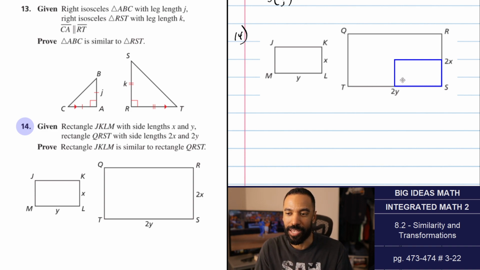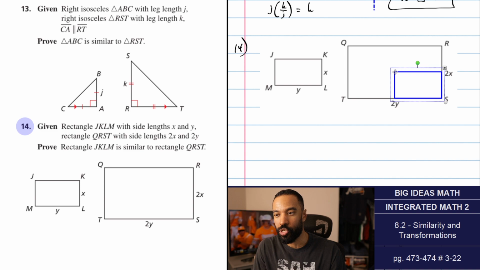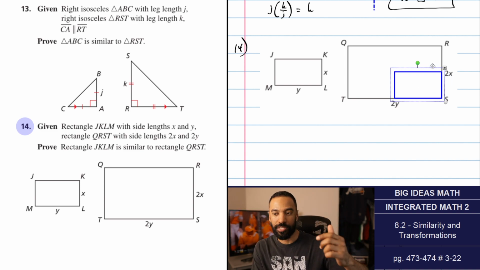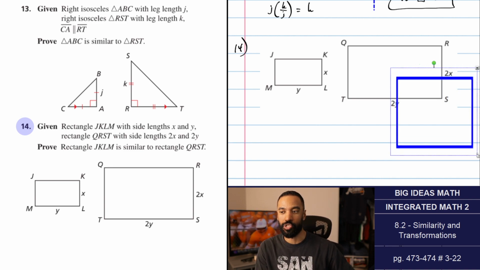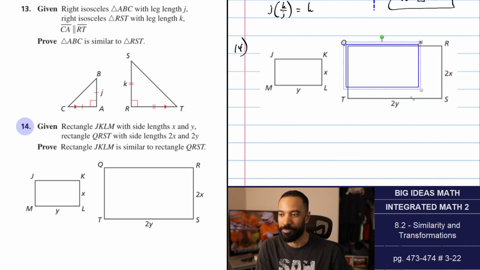LM is on the same line as ST, therefore, with the right angles congruent and the parallel aspects, and then LK is on SR, or I think they just call it S now, just ignore the L. Our scale factor is 2. We go from x to 2x and y to 2y. So we're going to double all of our lengths so that it then becomes this guy right here.